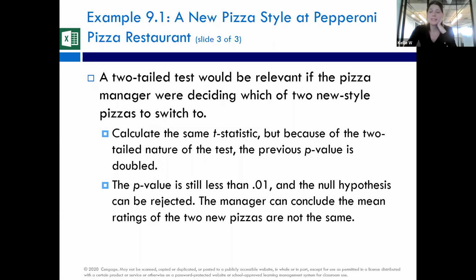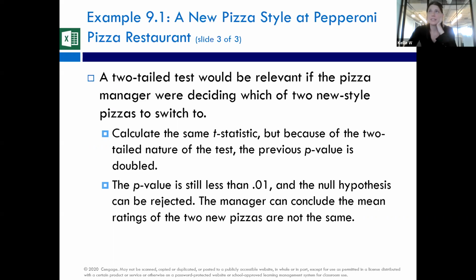So let's say instead of deciding whether or not one is better, the pizza manager just wants to decide if they're different. In this case, we just want to know that the two means are not the same. That would mean the new style could be either better than or worse than the old style. In this case, we would do a two-tailed test.